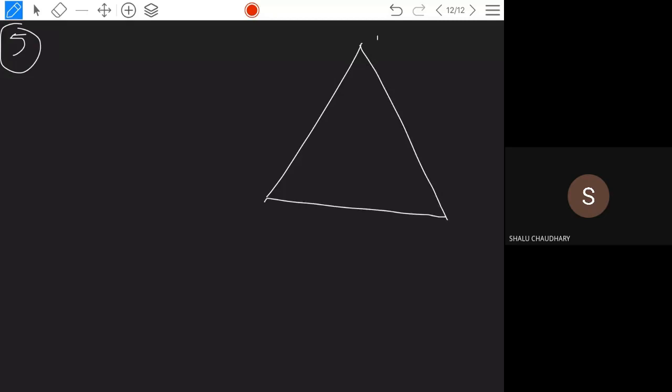See here, P, Q, R, and here it is given that DE is parallel to OQ. O is a point inside, joined like this. So I'm going to draw it to you.